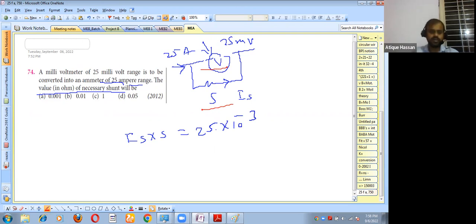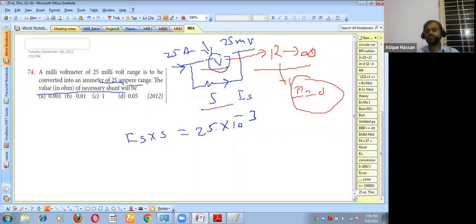But here what you can do is, we know that the resistance of a voltmeter is very high, almost infinity. So the current passing through a voltmeter is almost zero. All the current will pass through the shunt, so IS you can take as 25 ampere.